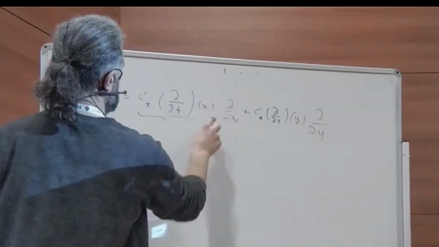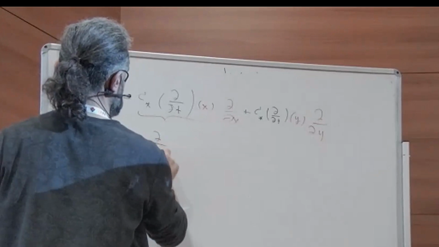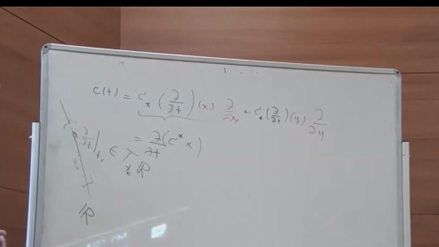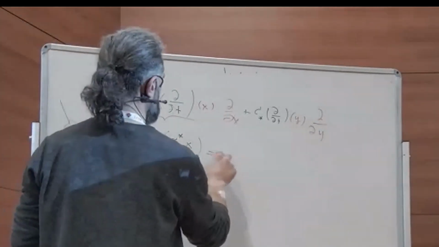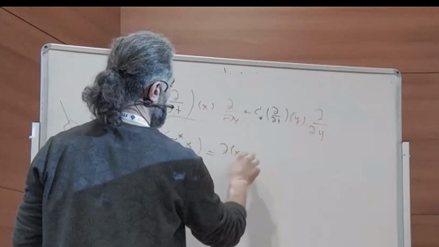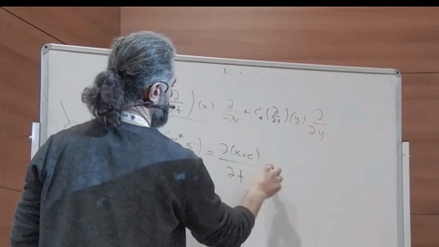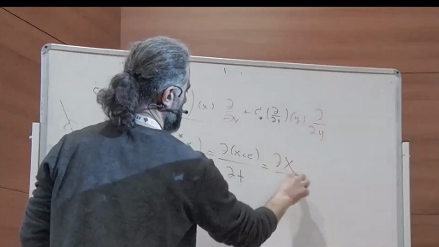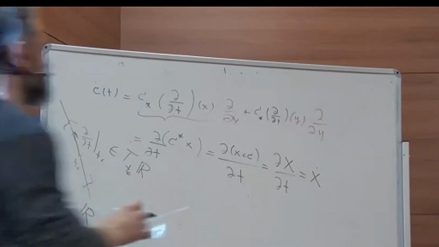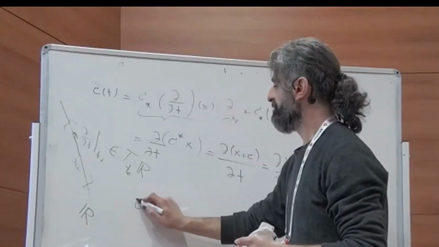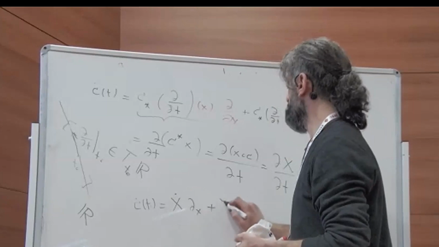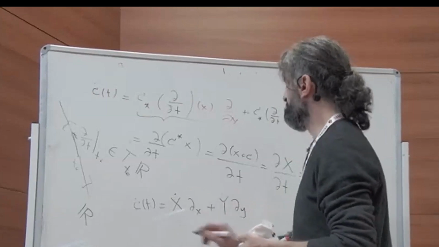So this is defined by d over dt, the pullback of x to the real line. This is x composed with the curve, which we call x of t. This is x dot. Okay, so the tangent vector at the point is x dot d over dx plus y dot d over dy.